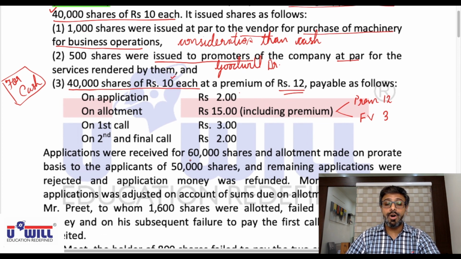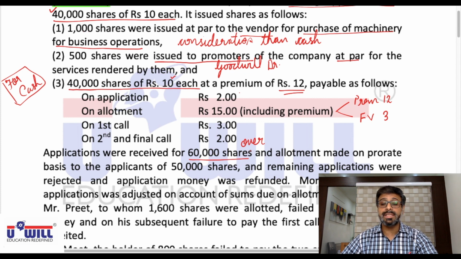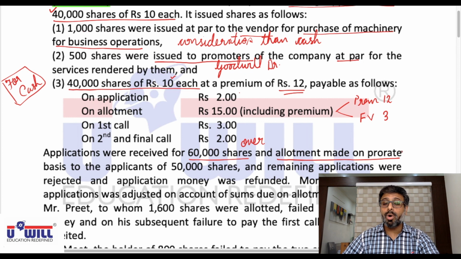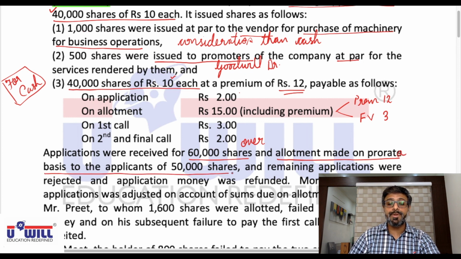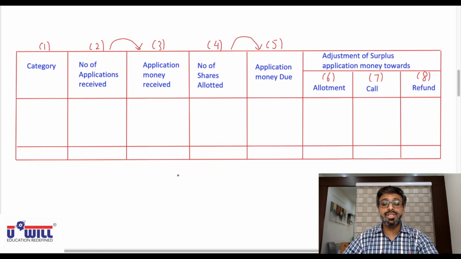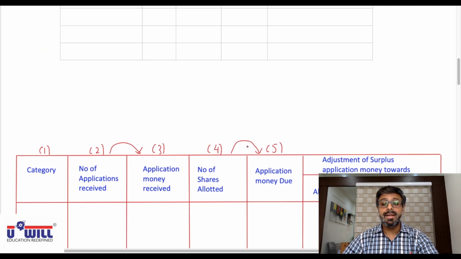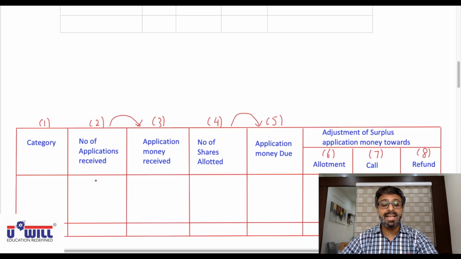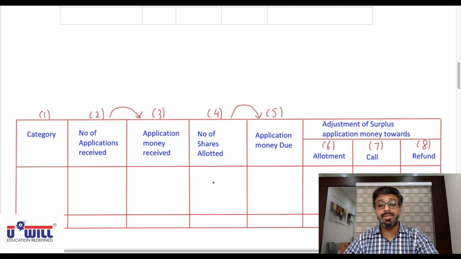Applications were received for 60,000 shares. So over subscription: 40,000 are issued, 60,000 applications received. And allotment made on a pro rata basis to the applicants of 50,000 shares, category 1. Okay, in the second column, applications received 50,000.